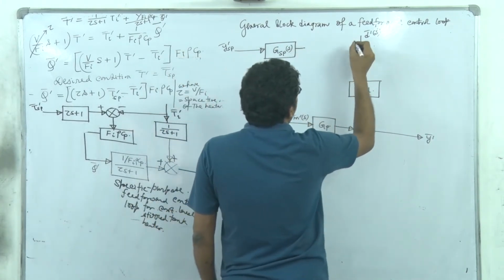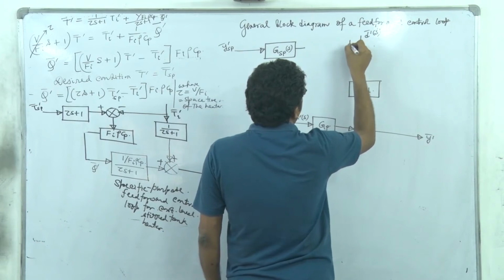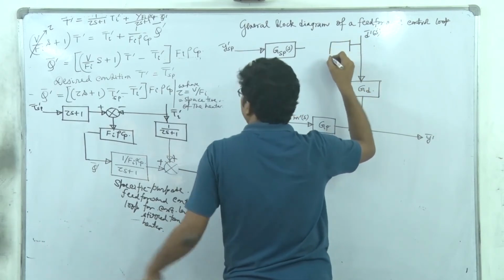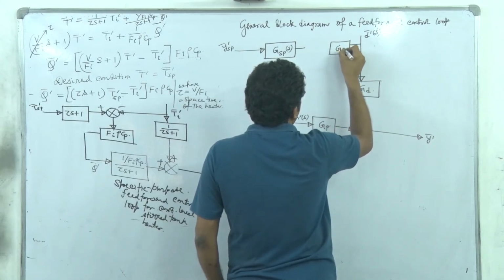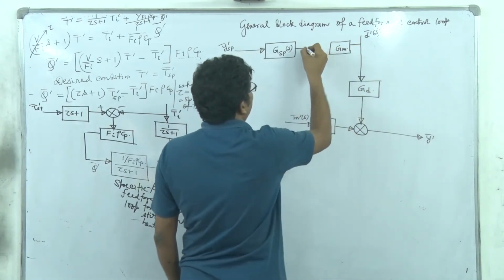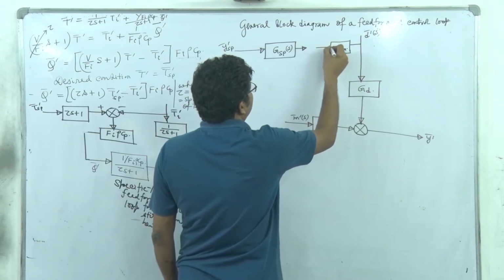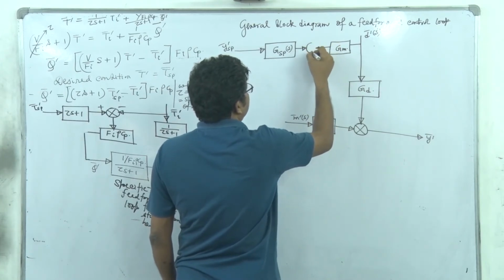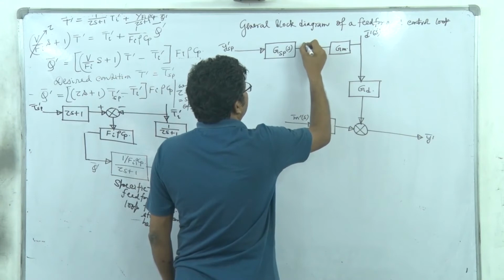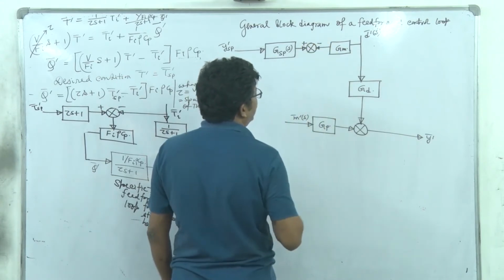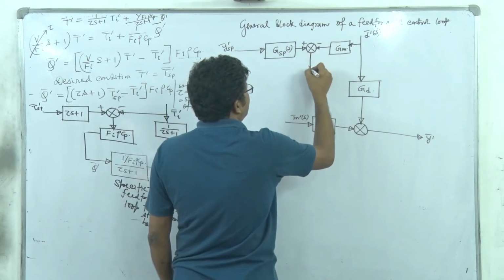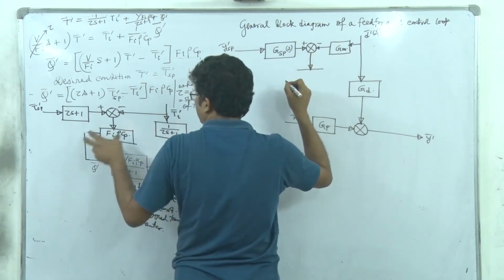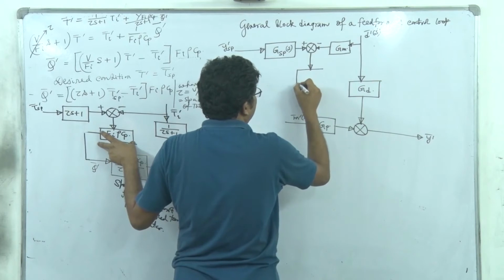Next, how do you measure the disturbance? Definitely you have a measuring device, which was not considered in the previous one because it was just demonstrative. And here we are going for the complete feed forward loop. So there will be plus and this is minus. Next we go for the controller, which is the feed forward controller.